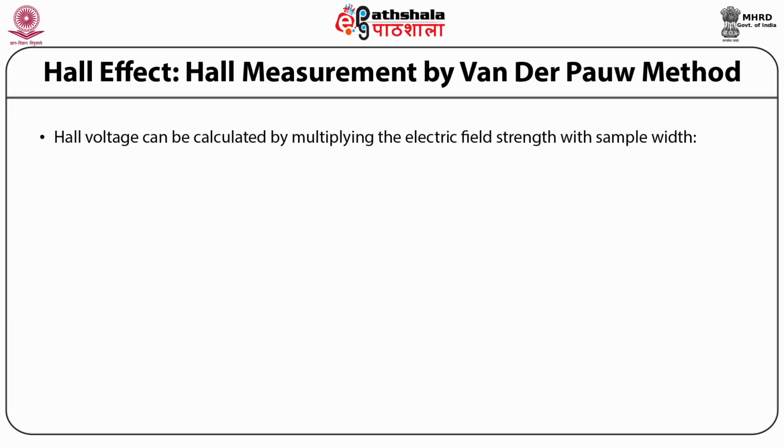Hall voltage can be calculated by multiplying the electric field with the sample width, and V_H = Wε. This again equals WIB/(qnA), which is also equal to IB/(qnd).